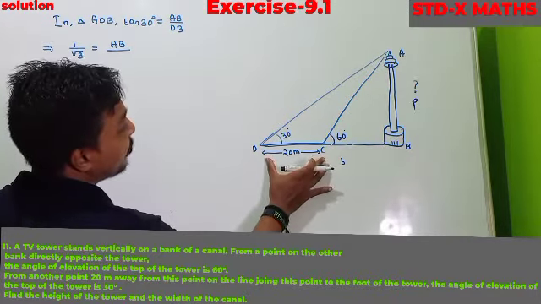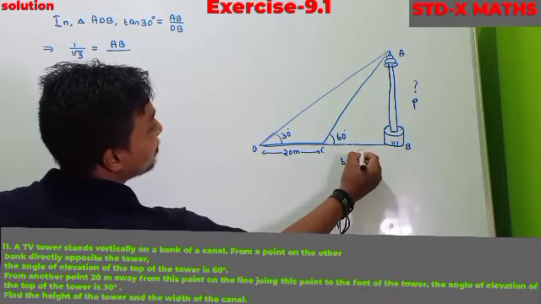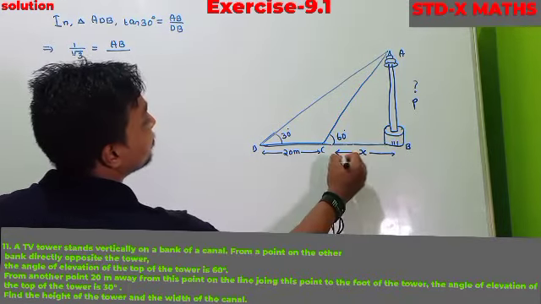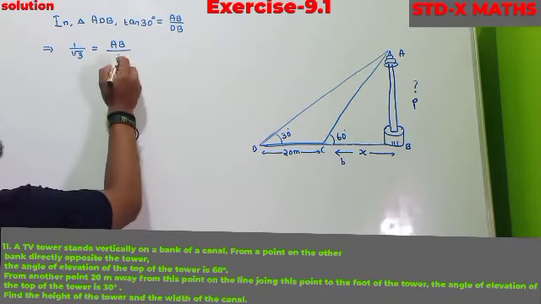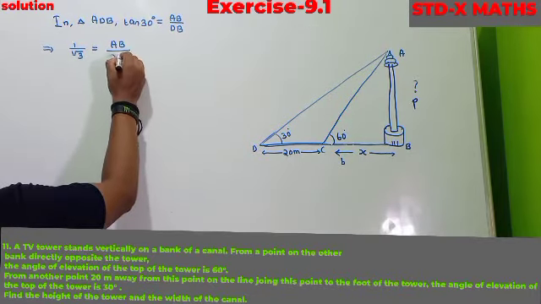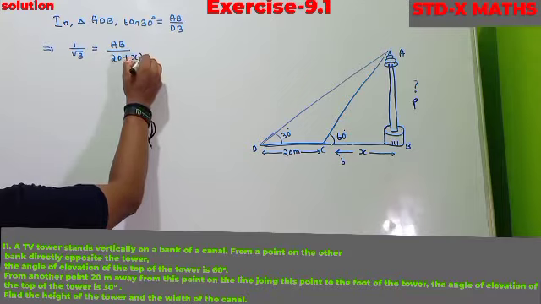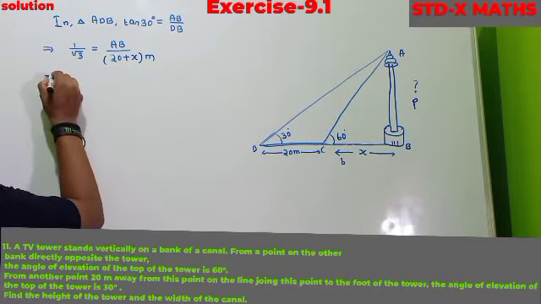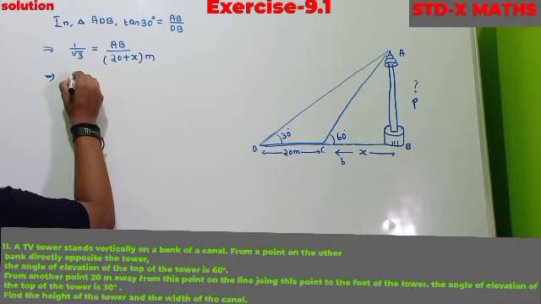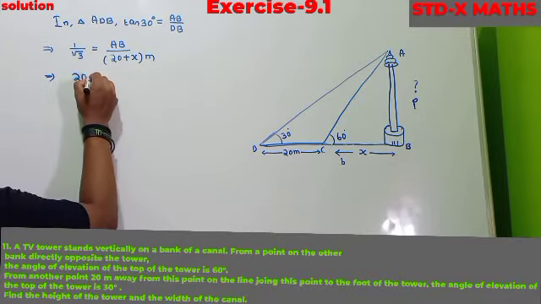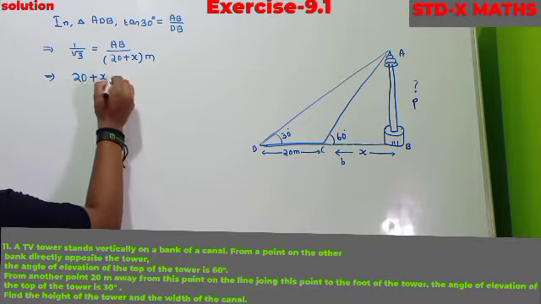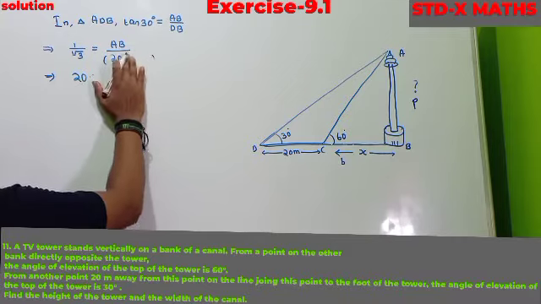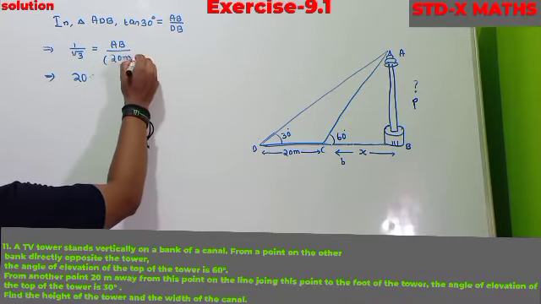DB is 20 plus the unknown part. Suppose this part is X. So AB by DB is 20 plus X meters. Doing the cross multiplication, I get 20 meters plus X.